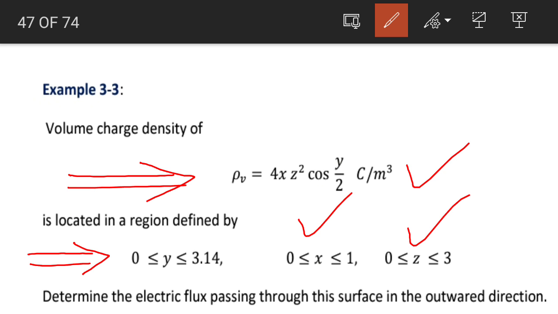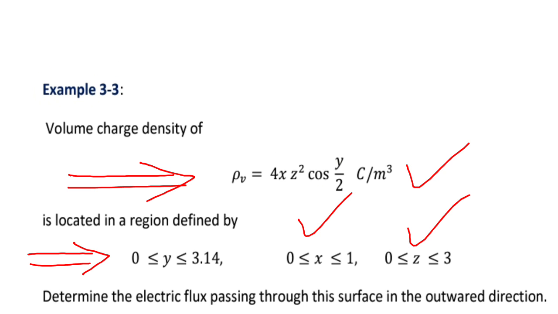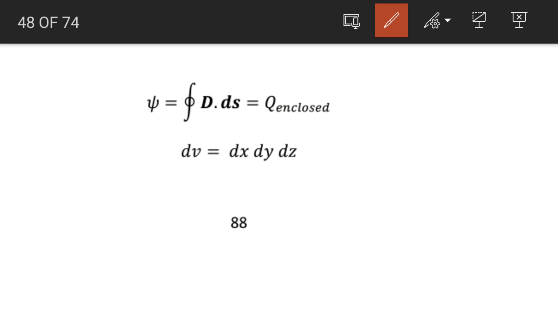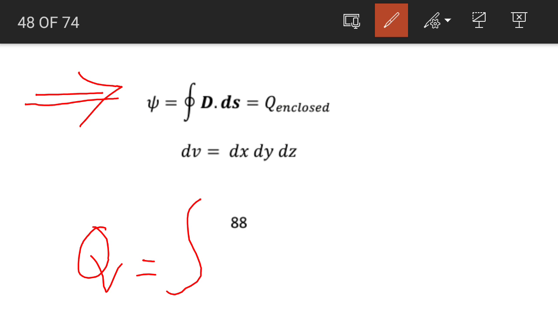So we know that the flux passing through this closed surface in the outward direction will be equal to the charge enclosed by the closed surface. So if we calculate the charge enclosed by the closed surface, that will be equal to the flux passing through it in the outward direction.